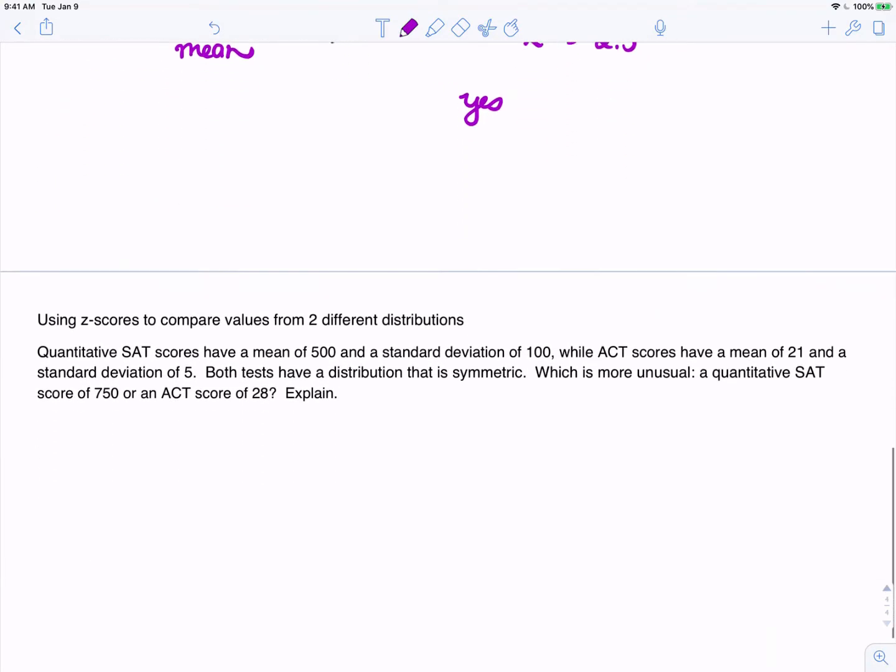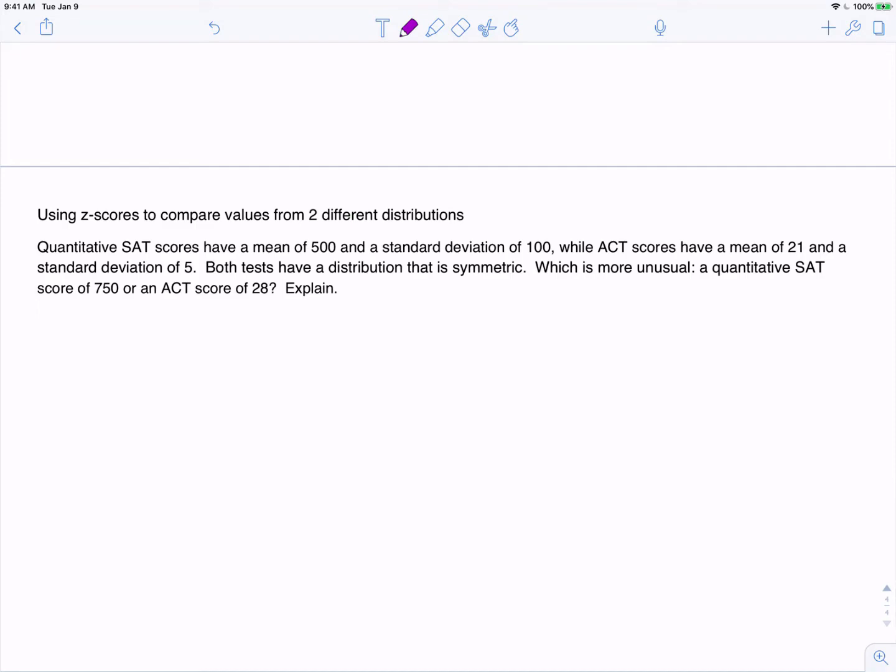And finally, the second thing a z-score can be used to do is to compare values in 2 different distributions. So the SAT and the ACT are common assessments taken by high school seniors who are interested in applying to college. And they have very different scoring systems.